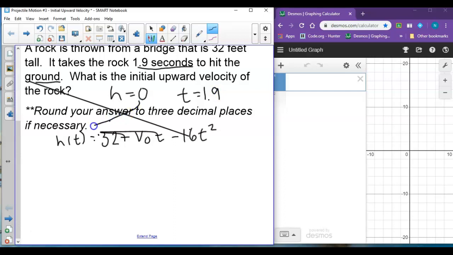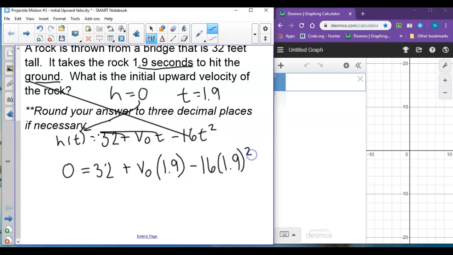The height goes over here for this h, so we'll have 0 equals 32 plus v sub 0, because that's what we're looking for, times 1.9, minus 16 times 1.9 squared.